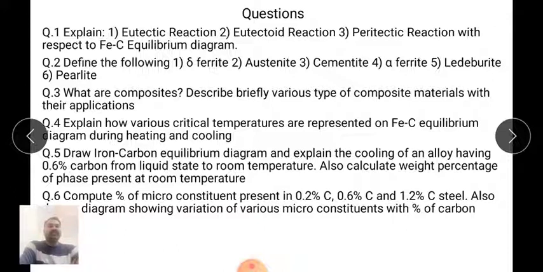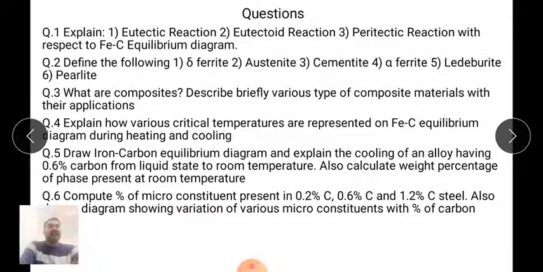This question will be asked for 6 to 7 marks, because 2 marks for each reaction with the calculation of the amount of phases by using the lever rule, and 1 mark for the Fe-C diagram. So likewise the weightage will be 2, 2, 2, 1 for 7 marks.